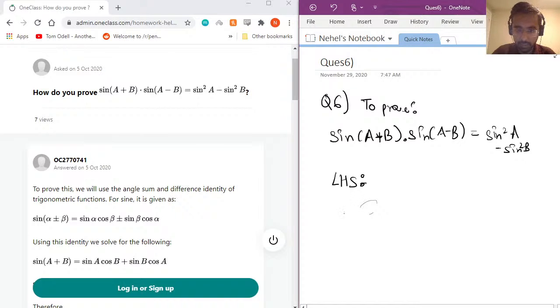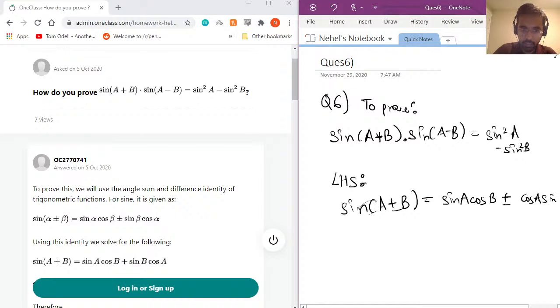So the identity basically goes that if we're given sine of (a plus minus b), that is equal to nothing but sine a cos b plus minus cos a sine b. So in case this here is a plus, we get another plus, and if it's a minus in sine, we get a minus.